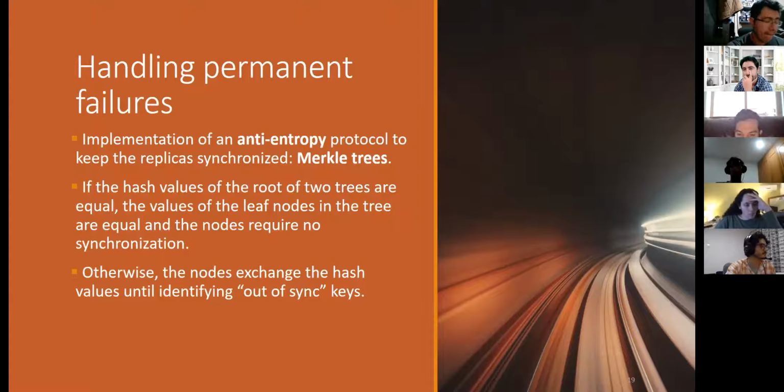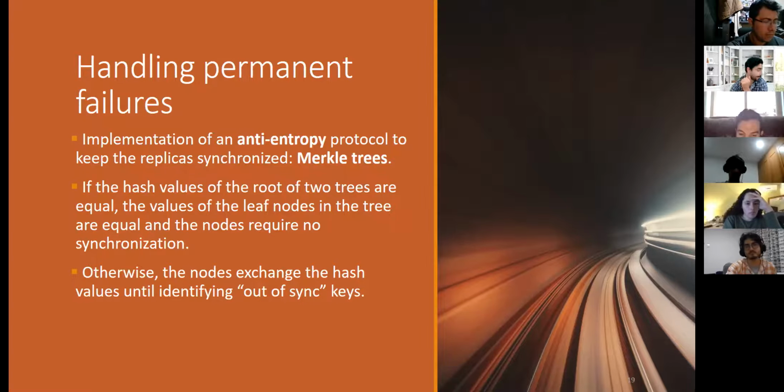So how is it done? Basically, in a simple example, if you have two trees and the roots are equal, this means that the values of the leaf nodes in the trees are equal, so the nodes require no synchronization.